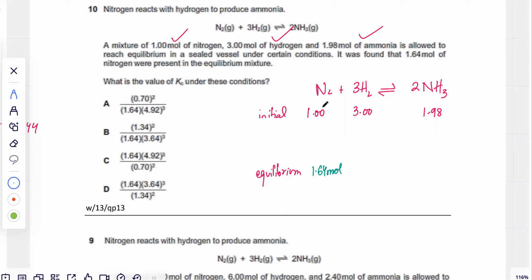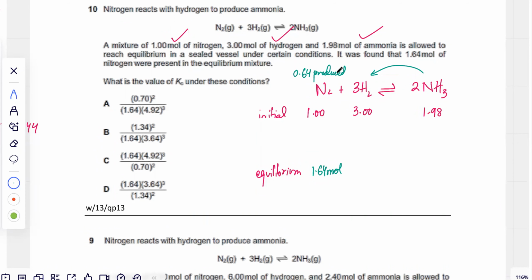What does that mean? That you started off with 1, and now you have 1.64, so 0.64 extra have been produced. Where did they come from? There must have been more backward reaction going on, which resulted in an extra 0.64 getting produced. Is that clear?